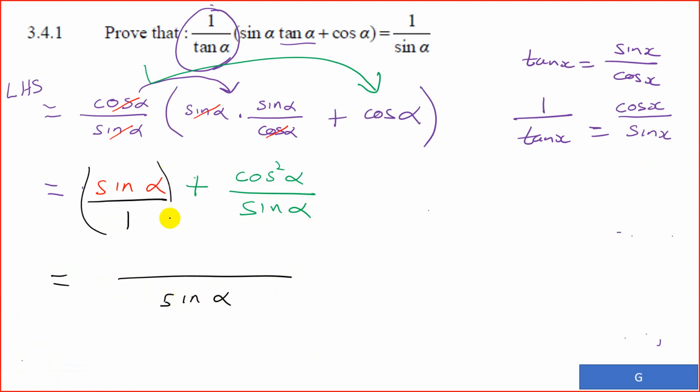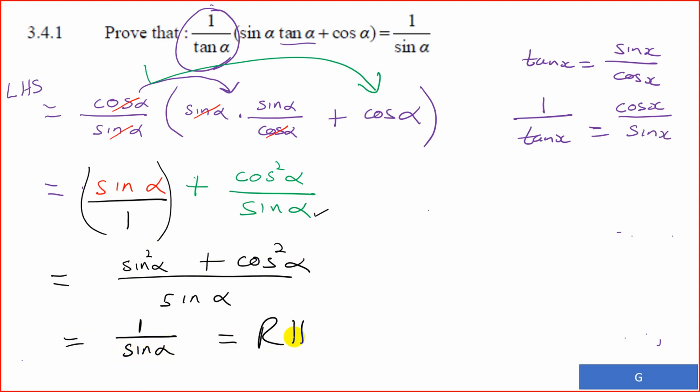And we're going to multiply the first numerator by sine alpha to make the denominators the same. And sine alpha times sine alpha will give us sine squared alpha. And then the second denominator is sine alpha, so we don't have to change that. We're just going to bring down the numerator. And then we have a formula on the top that sine squared plus cos squared is actually equal to 1 over sine alpha. And that actually is equal to what we're looking for on the right-hand side, which is 1 over sine alpha.